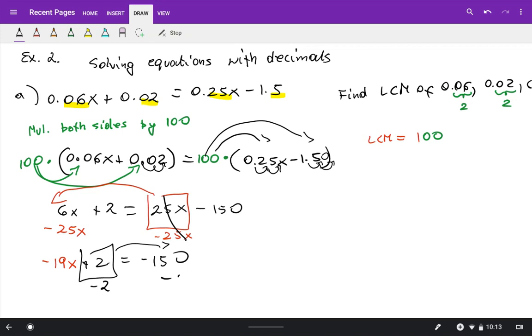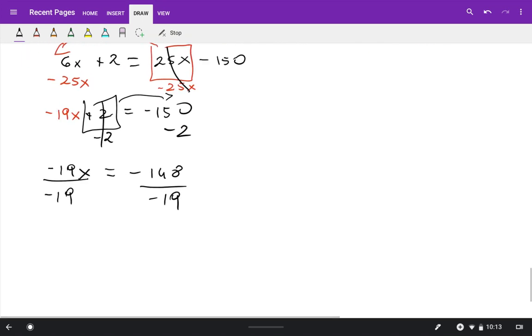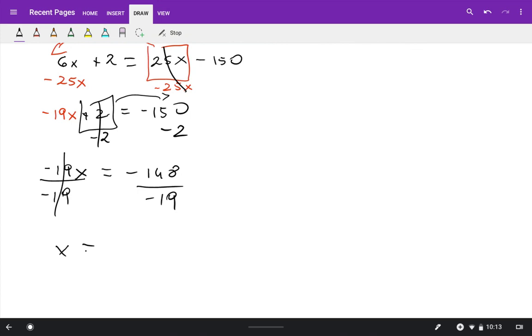So subtract 2 from both sides, and we end up with negative 19x equals negative 148, and just divide both sides by negative 19, and we're getting x equals negative divided by negative, it's positive, so we have 148 divided by 19, which is nothing nice.